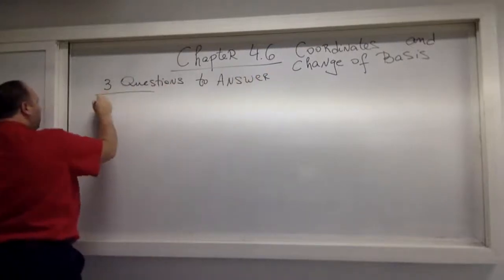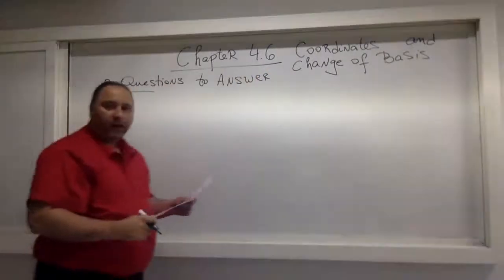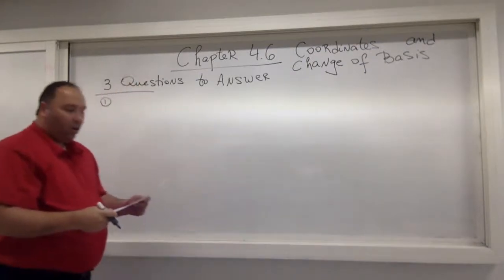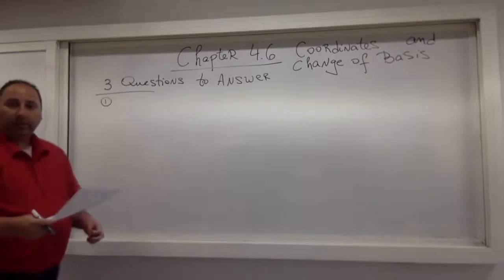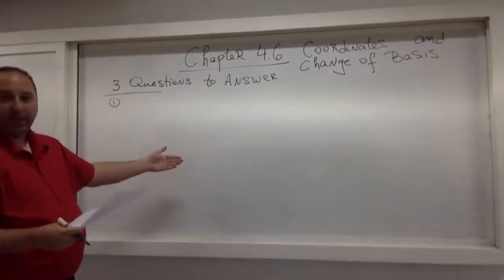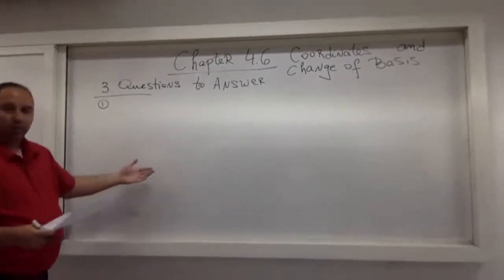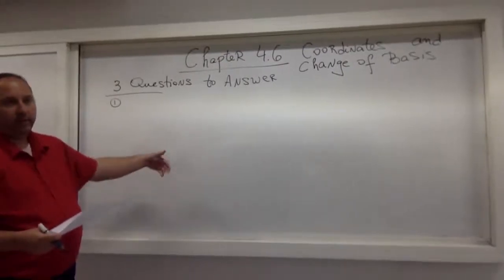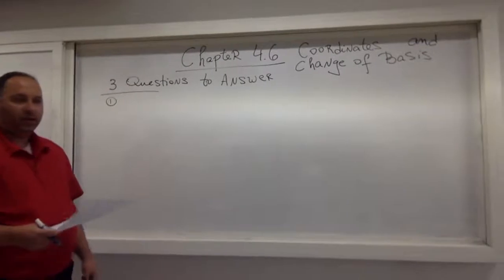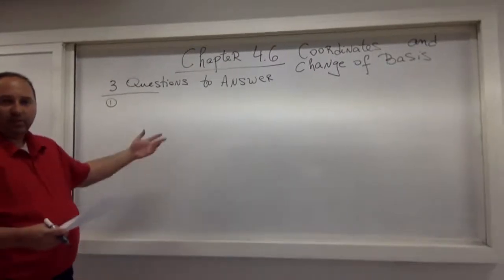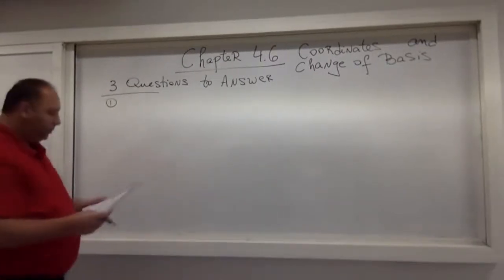Question 1 is how to find coordinates of a given vector in a linear space in a given basis. So every linear space has infinitely many bases. So the question is, if I give you a vector v living in a linear space W, and I ask you to find me the coordinates of that vector in a basis B1, how do you do it?